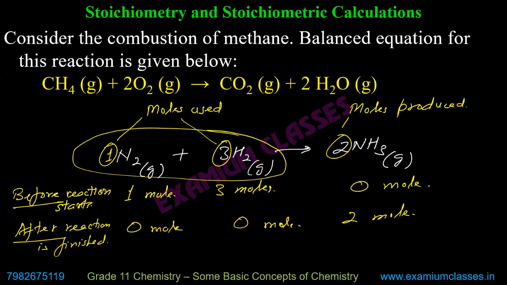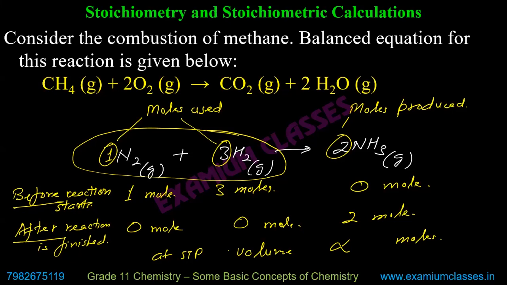So for coefficients you just need to consider moles used and moles produced. In gaseous form, this will also be the volume because moles are proportional to volume. Volume at STP is equal to 22.4 multiplied by the number of moles. It means if you remove this constant, volume will be proportional to moles.